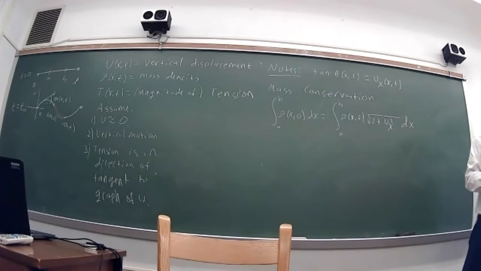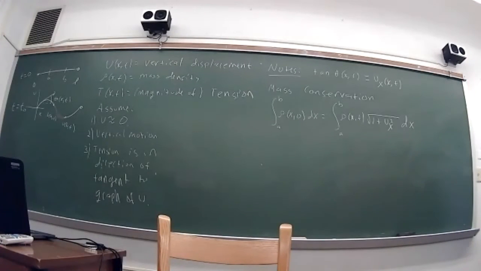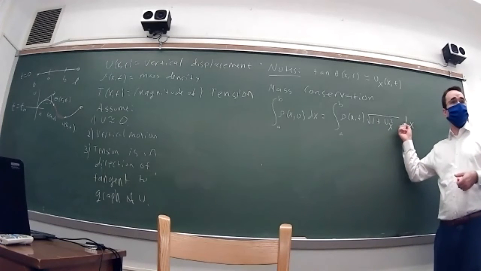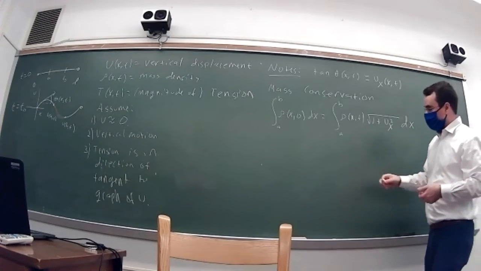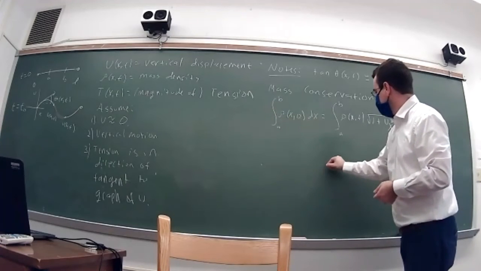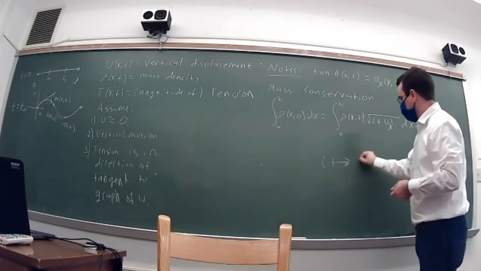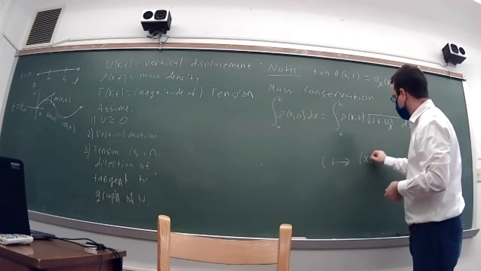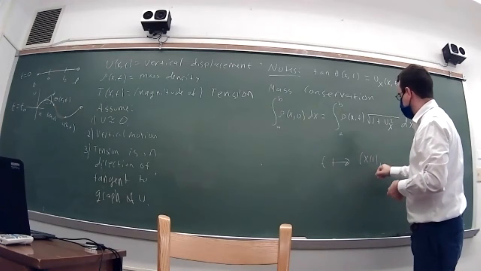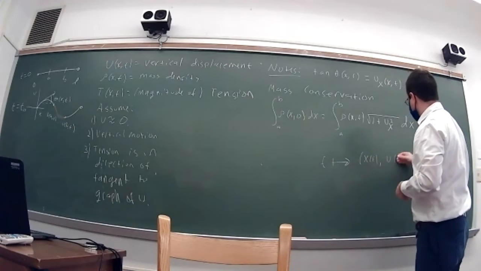Can you show that? How you got that? So yeah, the question is, can I explain that a little bit more? So explain how I got this for element of arc length? Yeah. So the graph there is t goes to x of t, u of x of t.